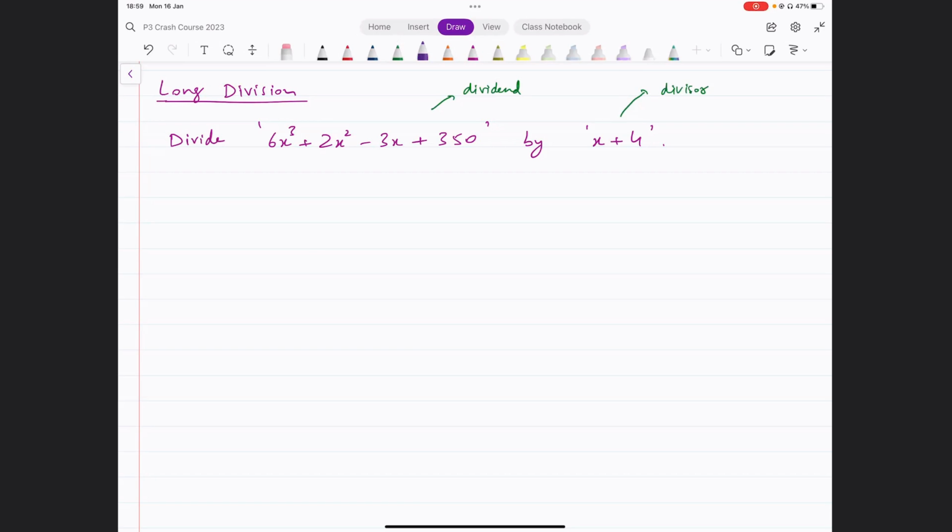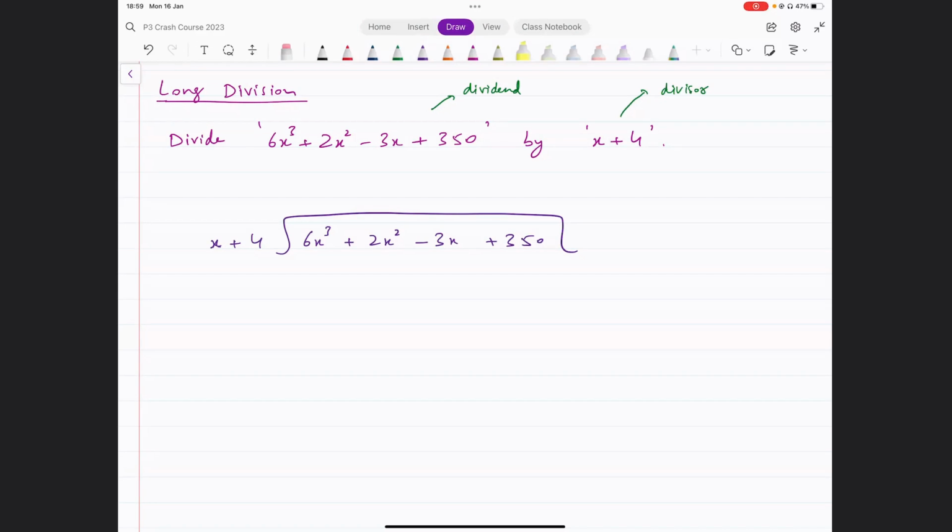So you write the dividend here, 6x cubed plus 2x squared minus 3x plus 350. And then you make the structure like this. The polynomial that you have to divide by, x plus 4, you write on the left side. And now you have to follow through the process that is going to do the division.